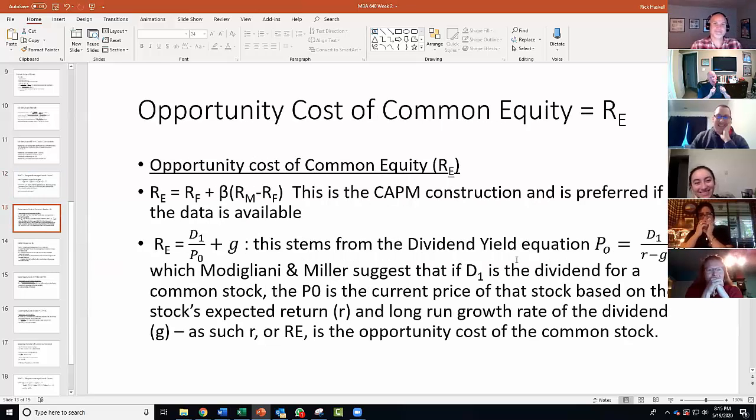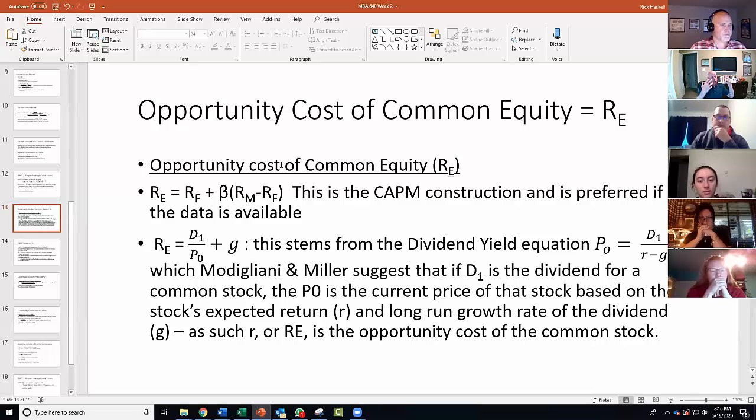So I want to take each one of those costs in turn, and I'm going to tell you that there's a best way, or the most accurate, a less accurate, and then maybe a not very accurate way. And you will always use the best way if you have the information available. When it comes to the cost of common equity, or RE, the best way of thinking about this is an opportunity cost of common equity.